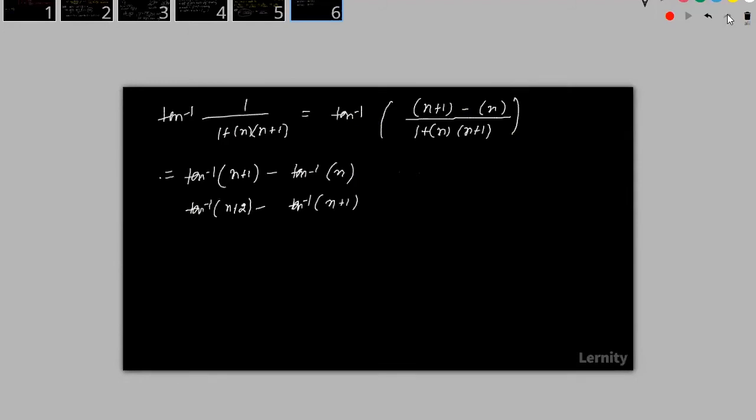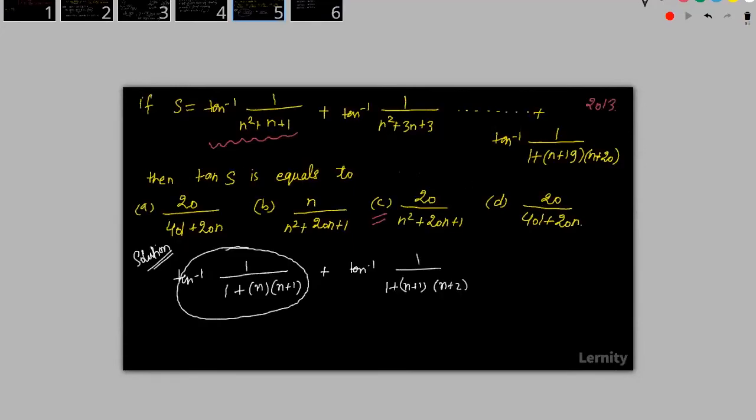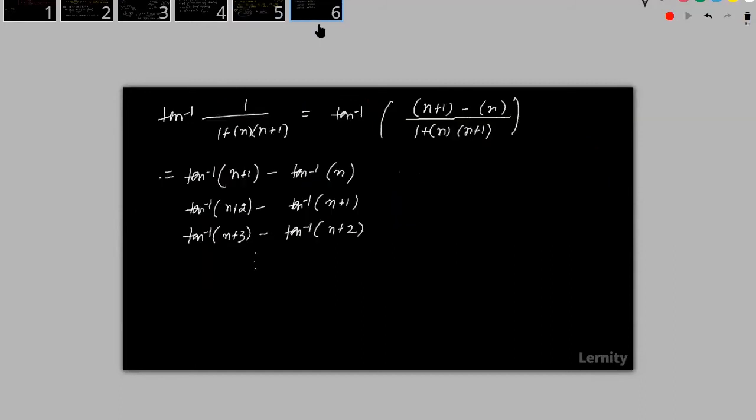The third part can be written as tan inverse of n plus 3 minus tan inverse of n plus 2, and so on. Till which point? Till the last one. The last one is tan inverse of n plus 20 minus tan inverse of n plus 19.